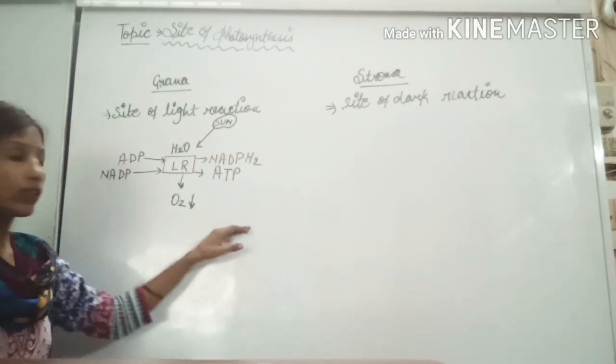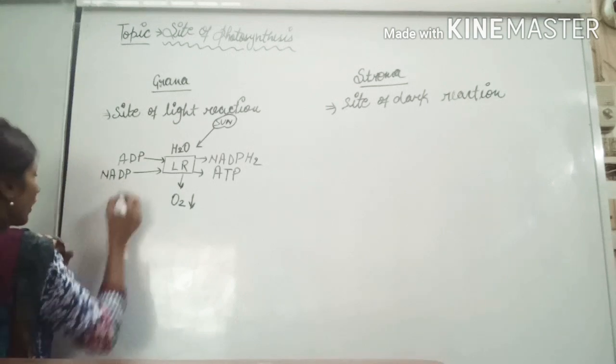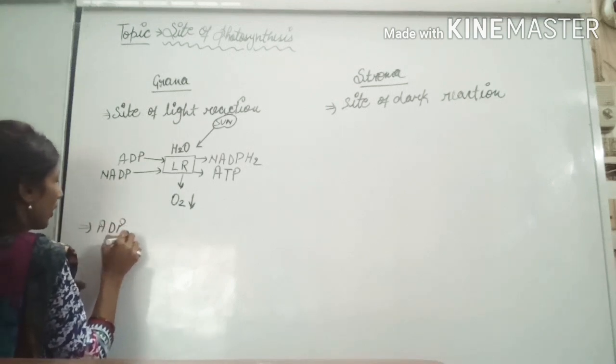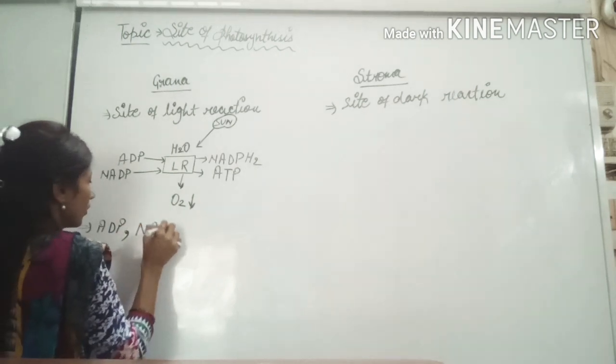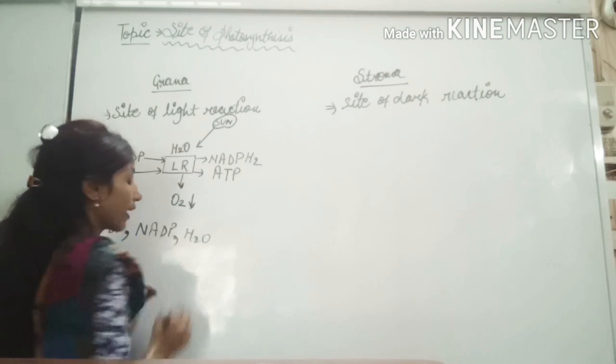So we can say the reactants of the light reactions are ADP, NADP and water, right?